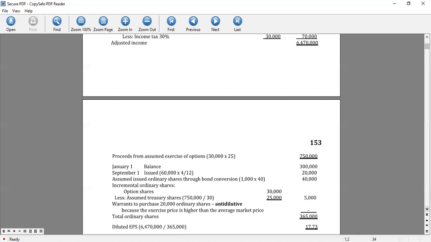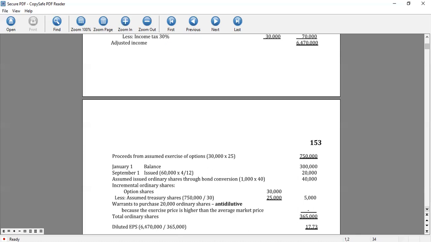So we now get here the result is 25,000. So we have the difference of 5,000. Then we have the warrants to purchase 20,000 ordinary shares which are anti-dilutive because the exercise price is higher than the average market price. So there's no amount.